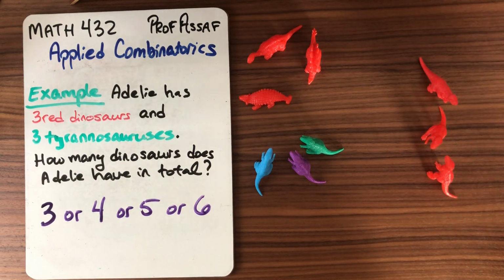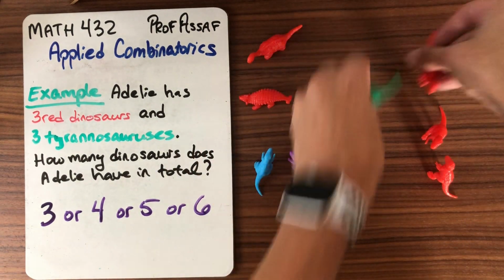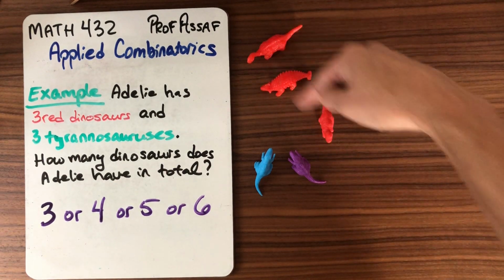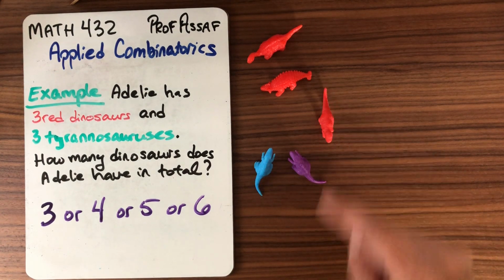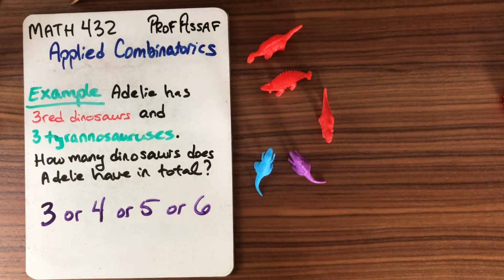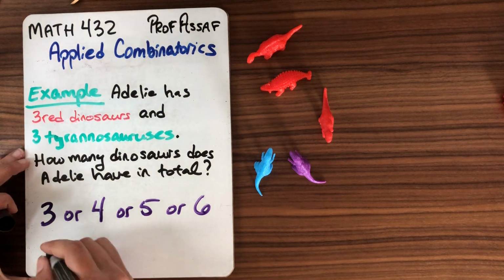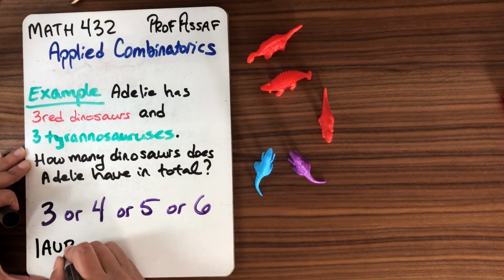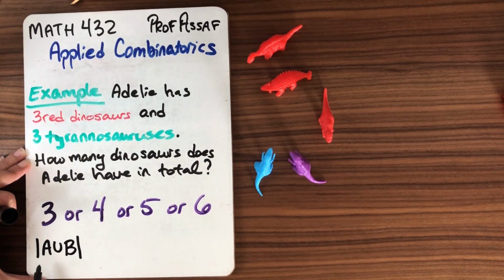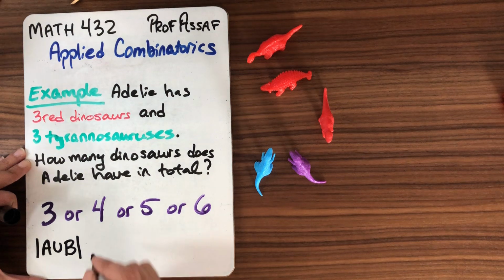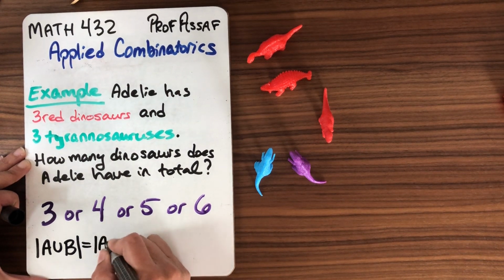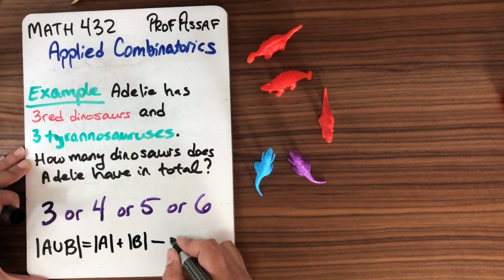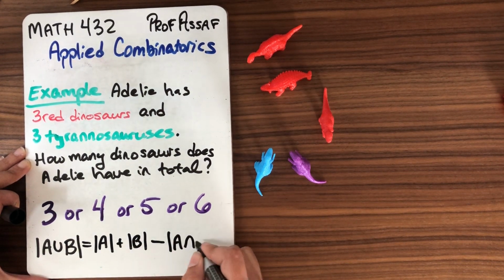But of course, we could combine this. She could end up having 5 dinosaurs, right? There are 3 red and there are 3 T-Rexes, because one's in the middle. This is a great example of inclusion-exclusion. You've seen it before. It is the idea that if you want to count the number of objects in the set of red dinosaurs union the set of T-Rexes, you have to count all the red dinosaurs and all the T-Rexes, and you have to remember that you have overcounted the red T-Rexes.